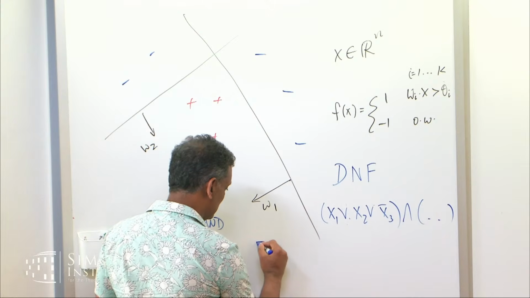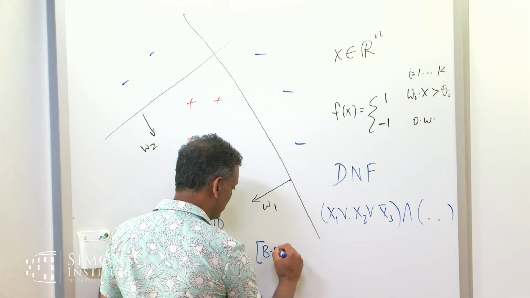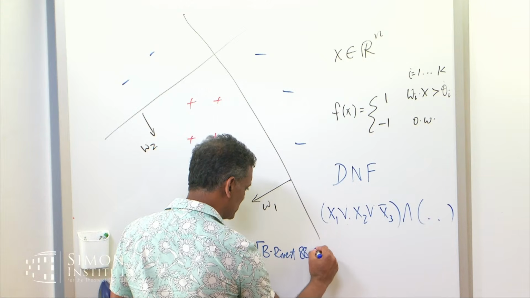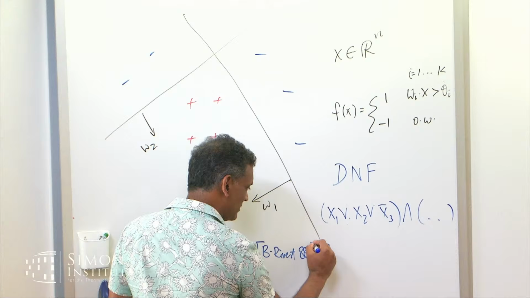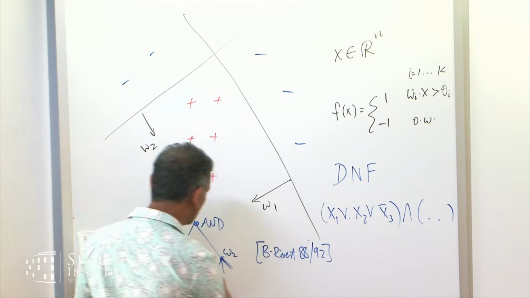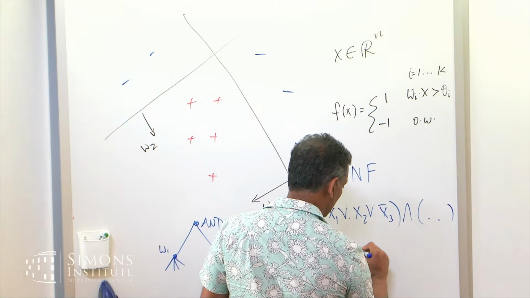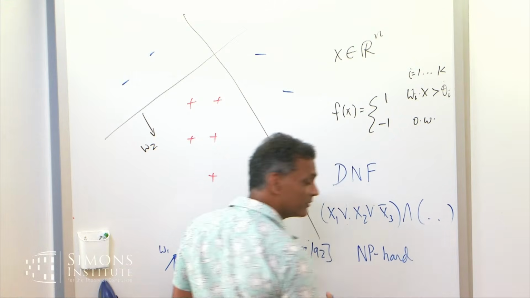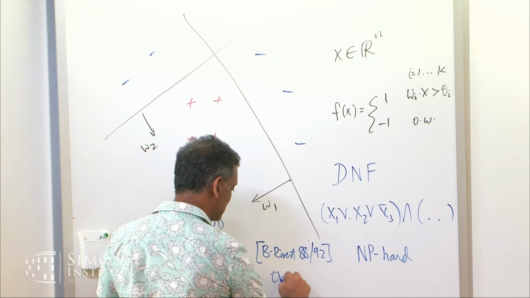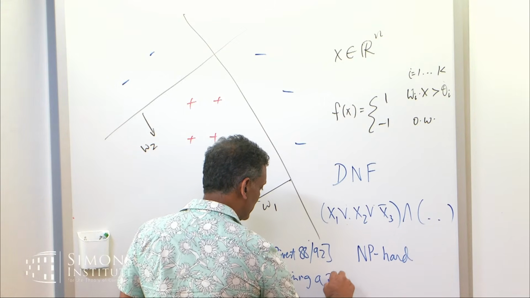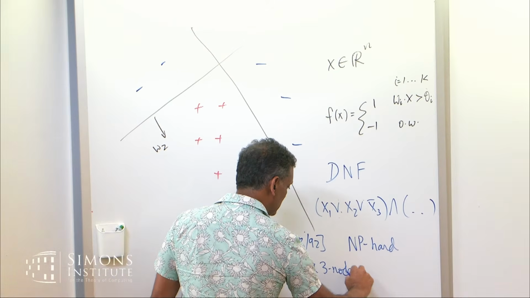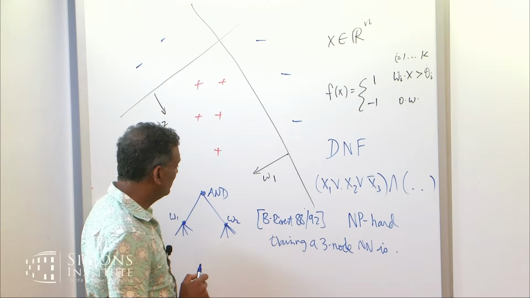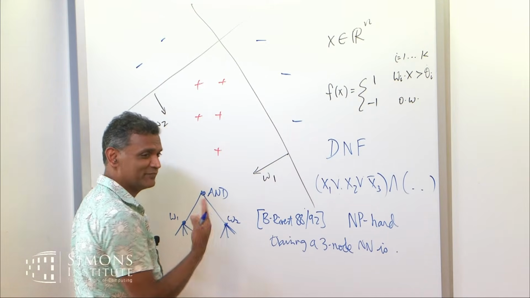And so there's this classic result of Blum and Rivest, originally 88, but I think the journal version is a little later, 92, which says that training a 3-node neural network is NP complete, is NP hard. So even though you know there are 2 planes, you can't find them.